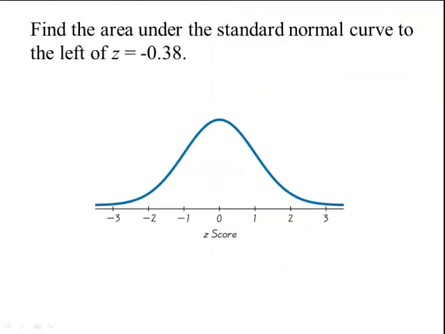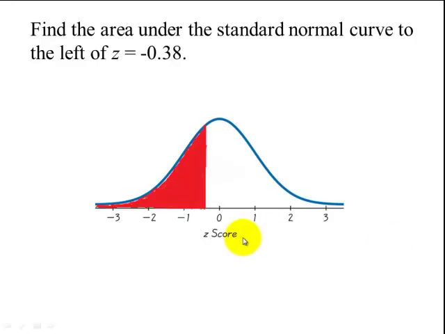Let's look at an example. Find the area under the standard normal curve to the left of z-score equal to -0.38. Our first step is we want to draw a picture. From the picture we see that our answer should be less than 0.5. So we go to our table 5.